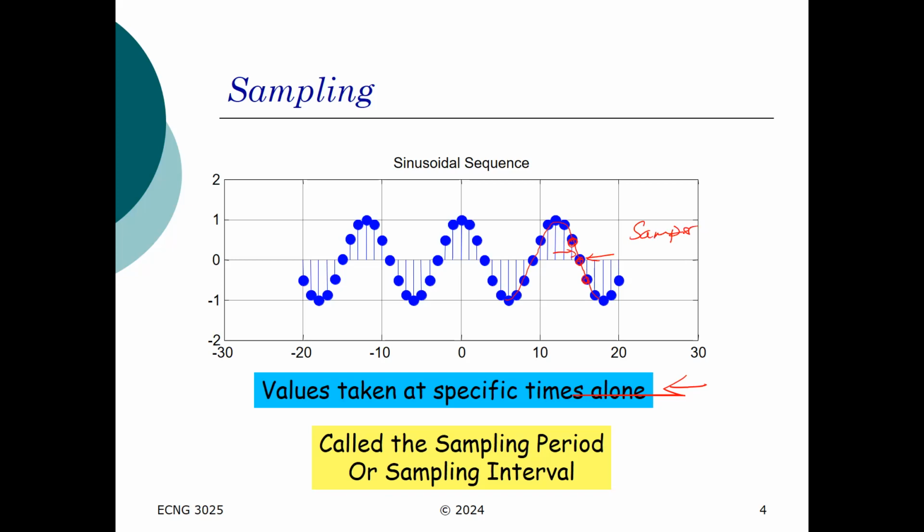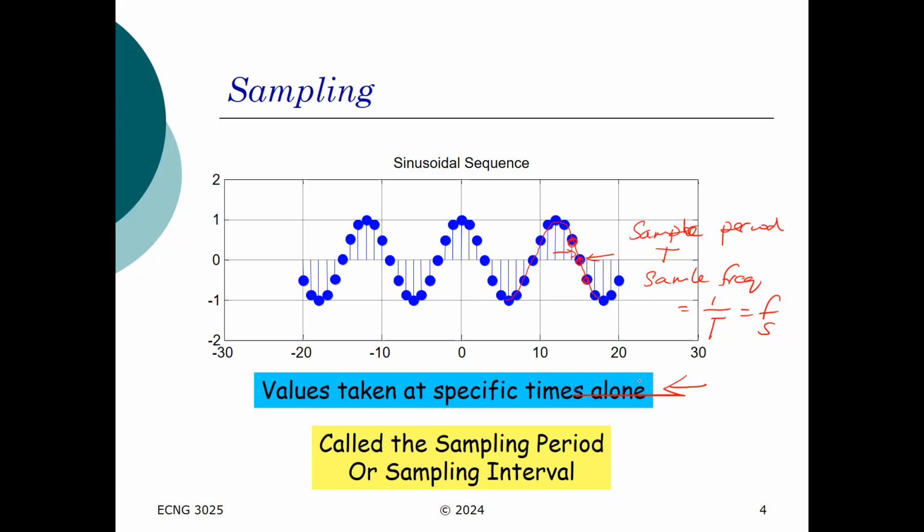Sample period. Remember, period and frequency are inverse. So if that was a sample period T, I could have my sample frequency, which is 1 over T. Sometimes you see the word sampling interval being used.